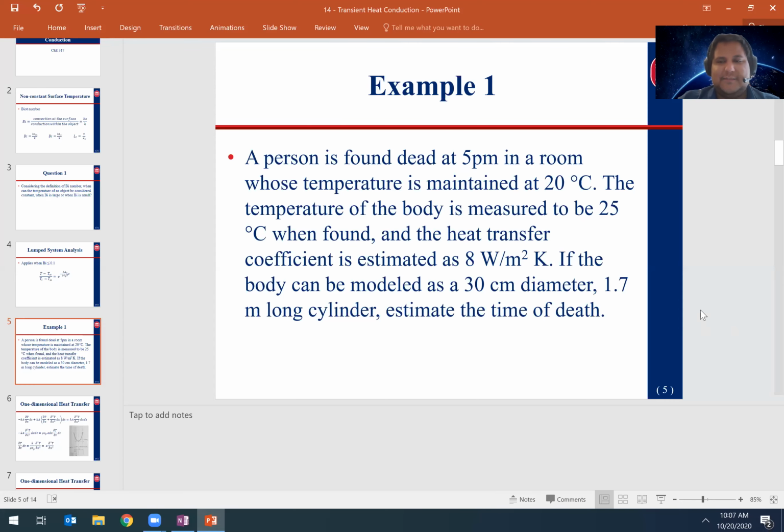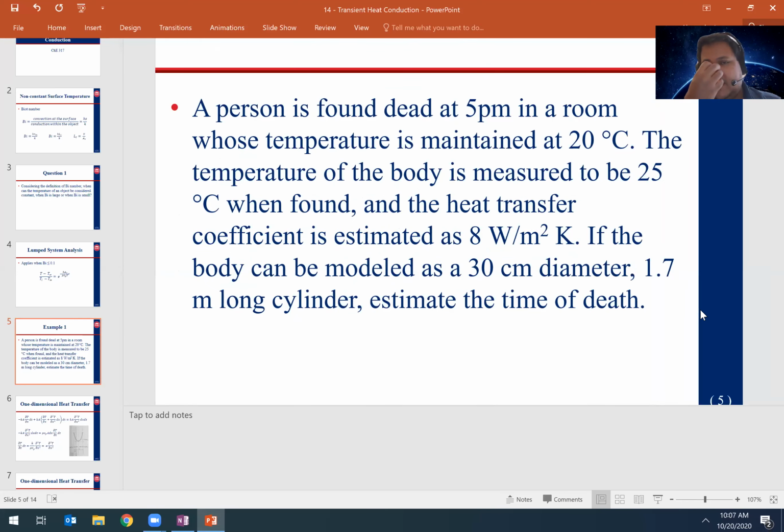But anyways, example: we have a dead body. It was found at 5 p.m. in a room maintained at 20 degrees Celsius. If the temperature of the body is measured as 25 degrees Celsius, and the heat transfer coefficient between the air and the body is 8 watts per meter squared Kelvin, estimate the time of death, assuming we can model this person as a 30 centimeter diameter, 1-meter long cylinder.